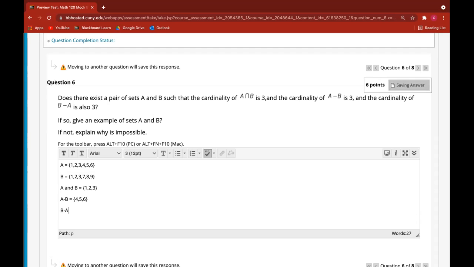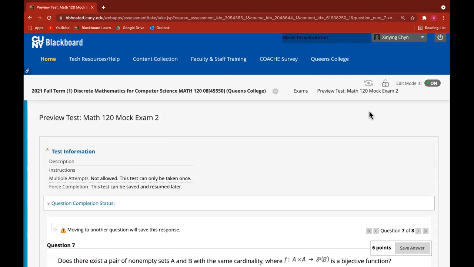And B minus A gives you 7, 8, 9, also only 3 elements. Okay, so it's possible. So here's an example.